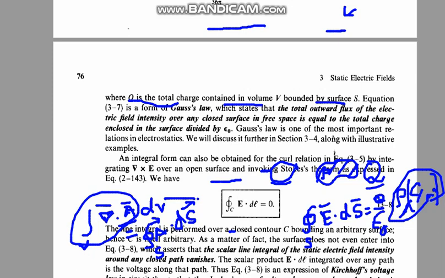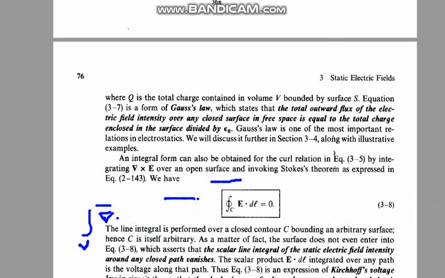Gauss's law states that the total outward flux of the electric field intensity over any closed surface in free space is equal to the total charge enclosed in the surface divided by epsilon naught. That is Gauss's law.